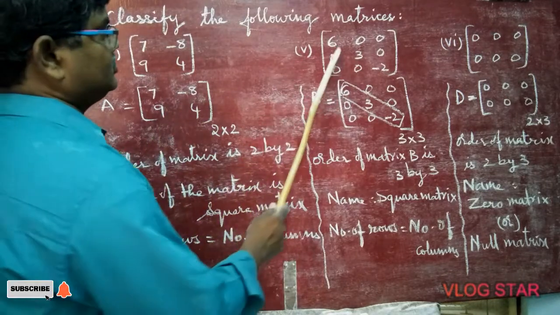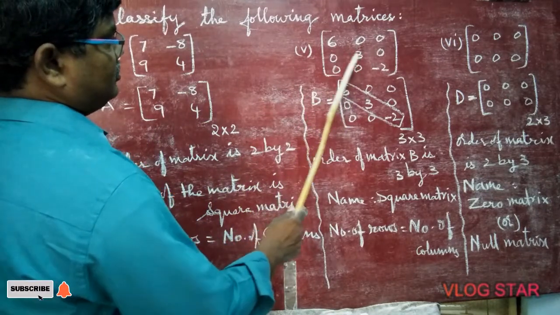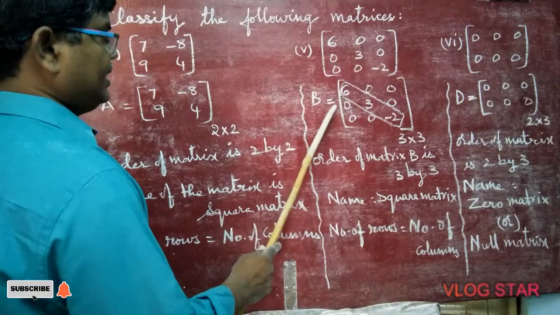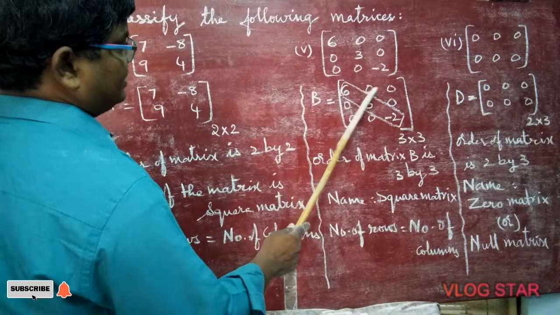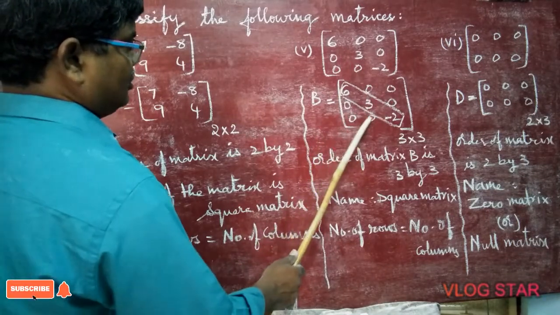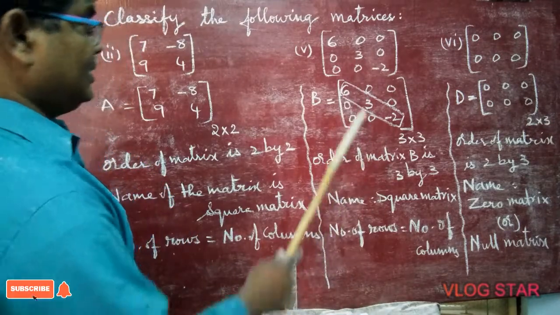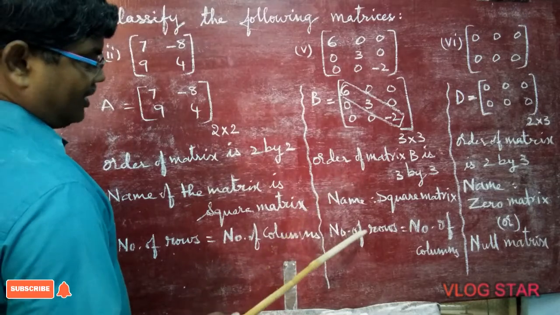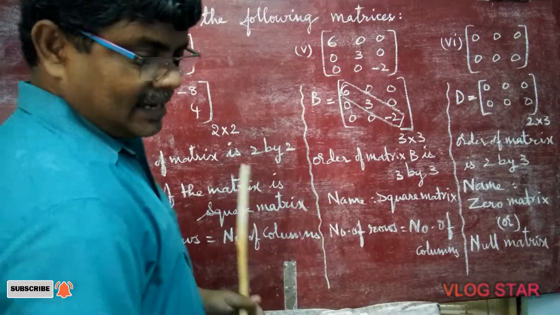Next problem: 6, 0, 0, 0, 3, 0, 0, 0, minus 2. B is equal to 6, 0, 0, 0, 3, 0, 0, 0, minus 2. Here, the elements other than the diagonal are 0. We call it a diagonal matrix.